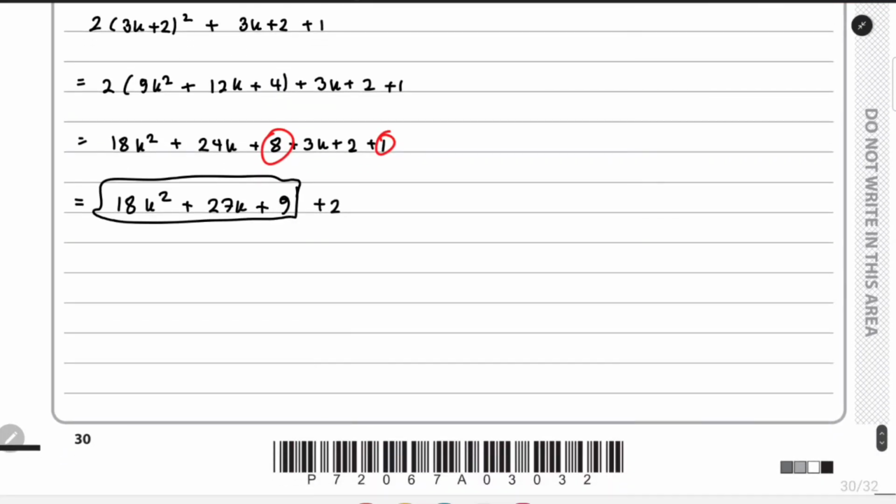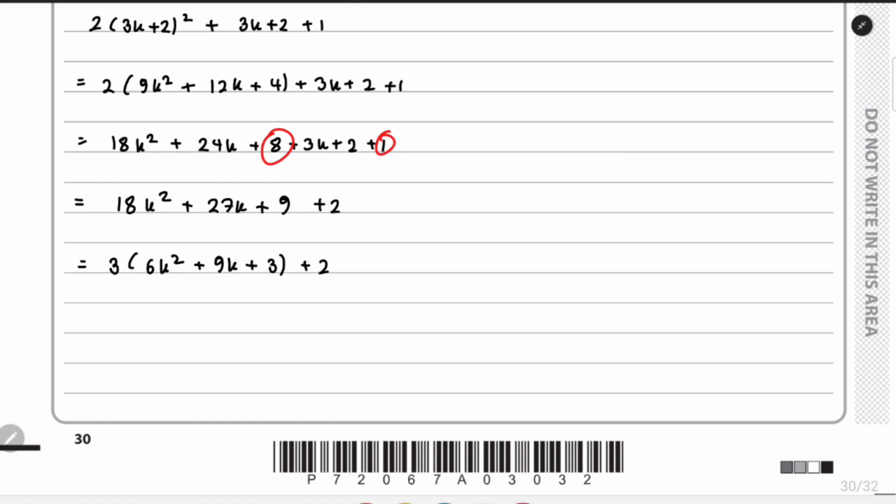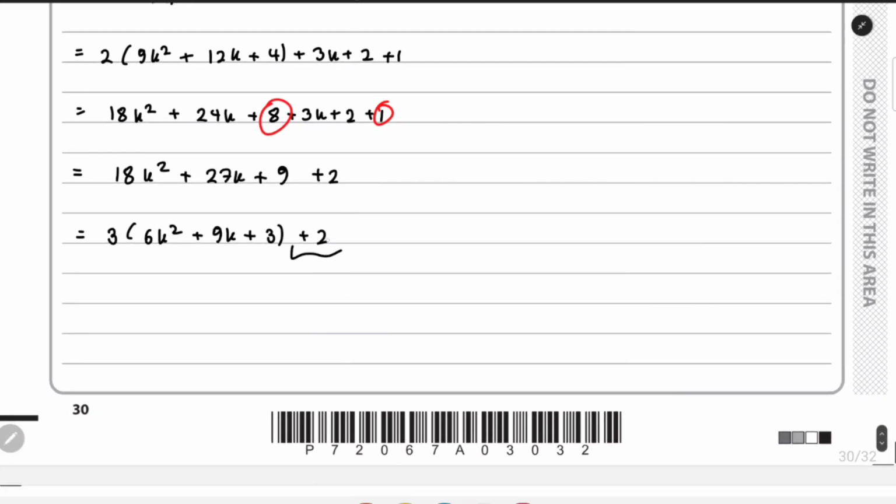This whole thing, we can take 3 common out from these 3 terms. So we have 3 times (6k square plus 9k plus 3) plus 2. Due to this plus 2, this is not divisible by 3.